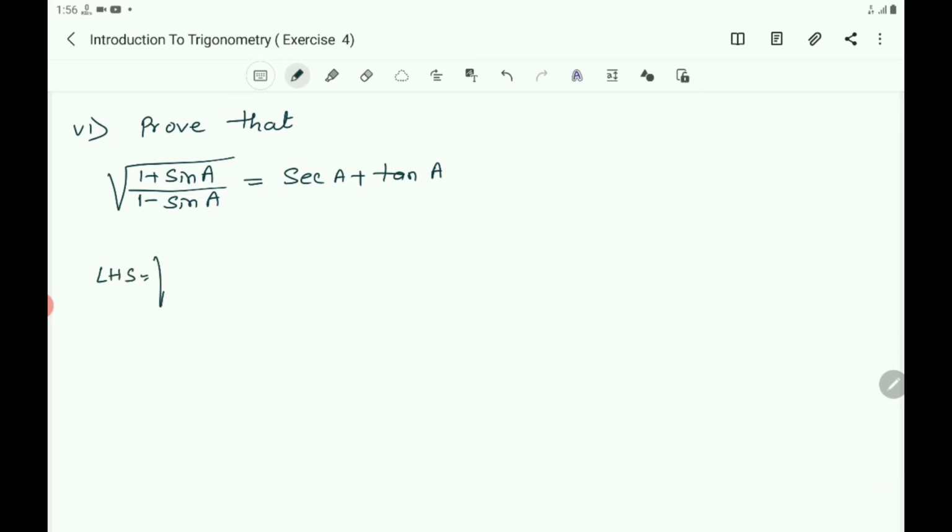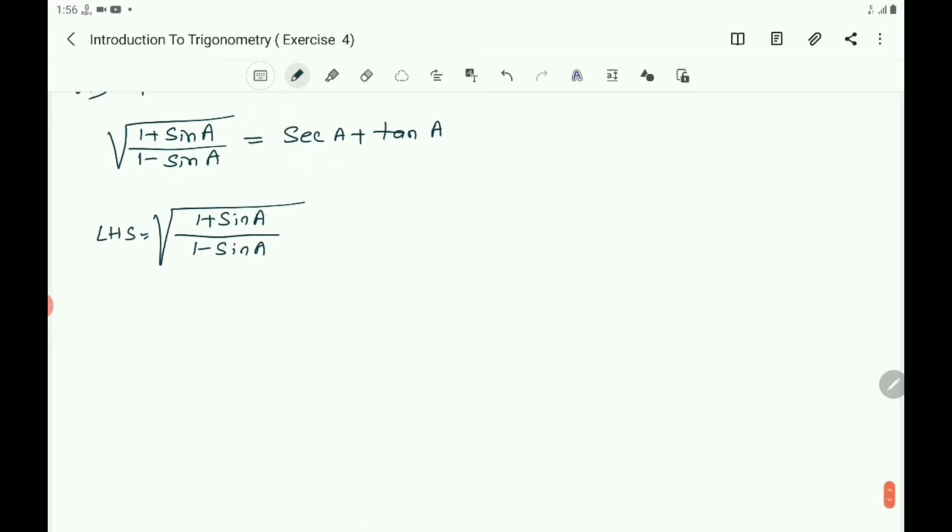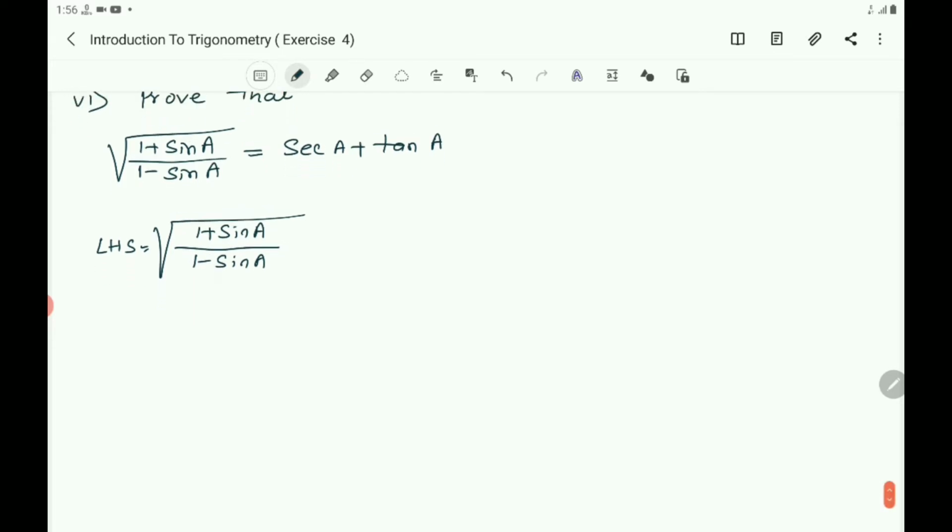LHS equals the square root of (1 plus sin A) by (1 minus sin A). Now here you rationalize the denominator.